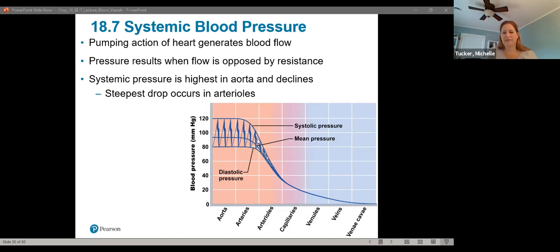The greatest drop off in pressure is at the level of the arterioles, because total peripheral resistance starts to pick up. The pulse pressure starts to die off in the aorta and the large arteries, as elasticity dampens this difference. But the largest decrease in mean pressure occurs at the level of arterioles because of that increased total peripheral resistance.